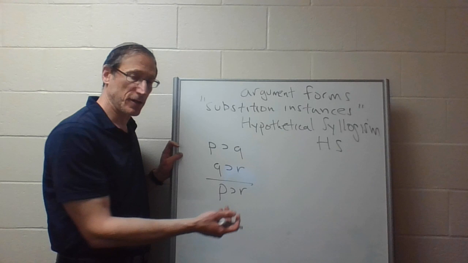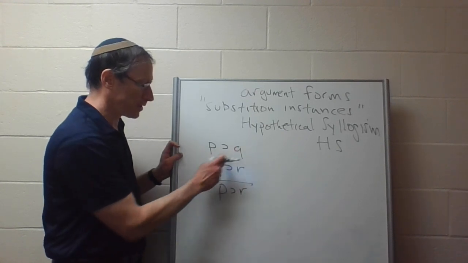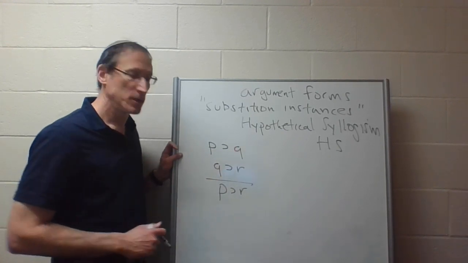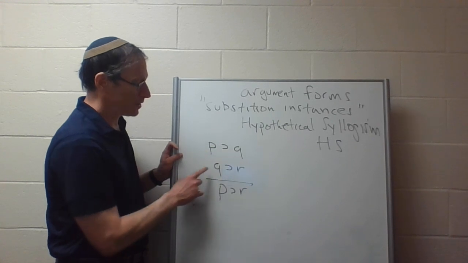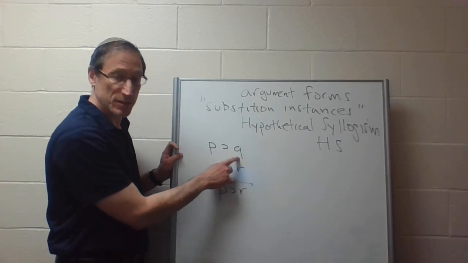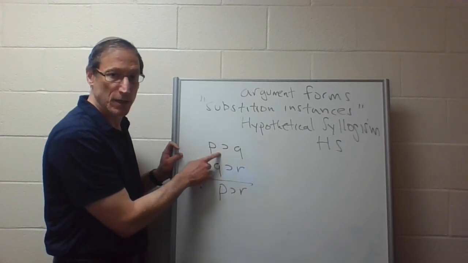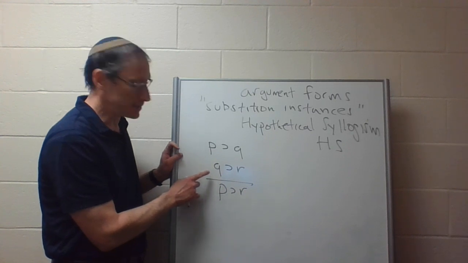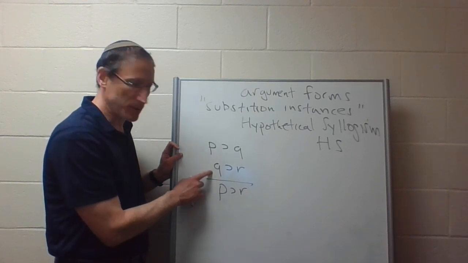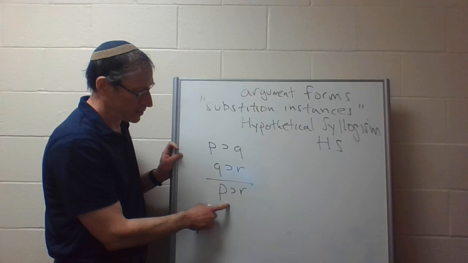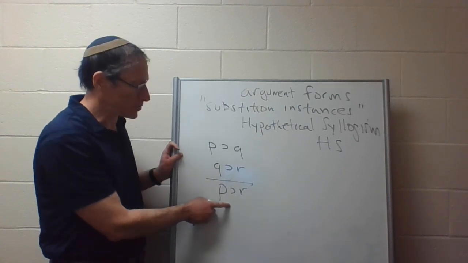Sometimes logicians, philosophers call Q here the middle term. Q is the middle term. It's the consequent of the first one, and it's also the antecedent of the second premise, and in the conclusion, it drops out, so to speak.